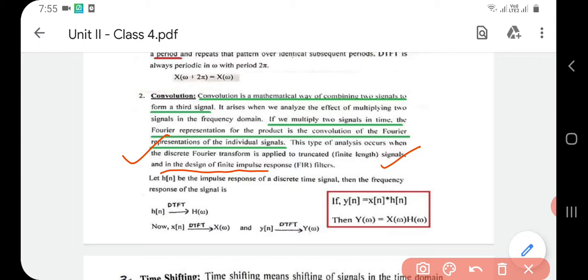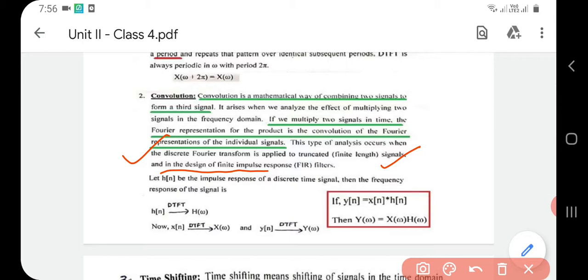So let h of n be the impulse response of a discrete time signal, then the frequency response of the signal is given by h of n. When DTFT is applied, it becomes H of omega. Now suppose that you have a discrete sequence x of n, then on applying DTFT we get capital X of omega, the DTFT of the discrete sequence x of n.